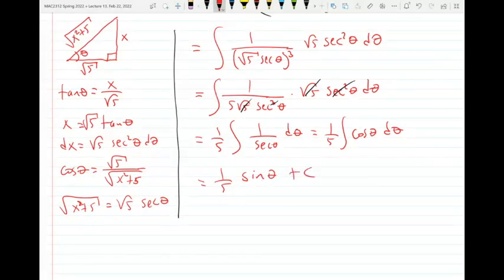Who can tell me what's the answer in terms of x? 1 over 5 times... Okay, Daniel, don't worry. Yeah, of course. X over square root of x squared plus 5.